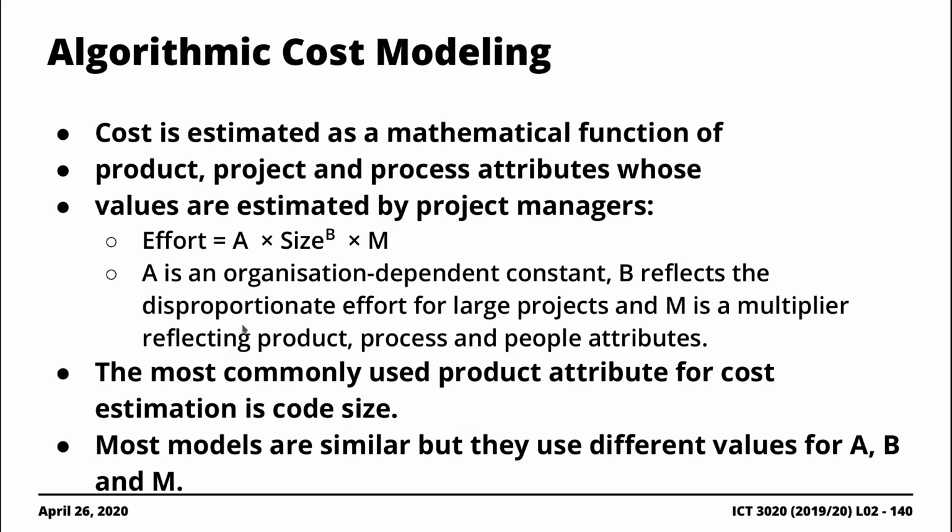Again, irrespective of what algorithmic cost modeling technique you're using, it's almost always the case that the number of lines of code, or the code base size, would be incorporated into the formula, just because it happens to be a very important factor. Remember, you're developing software, and software is typically associated with lines of code.